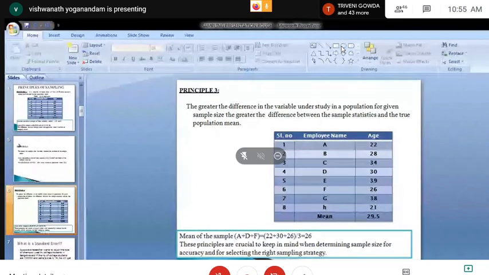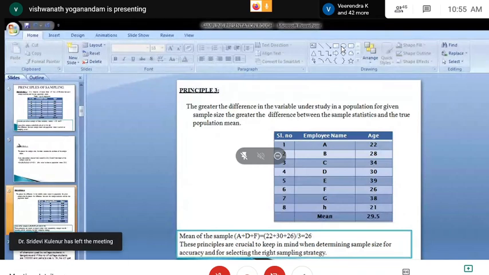So when there is a wide difference between the variables under study, you will find the sampling error high. That's what principle 3 means.